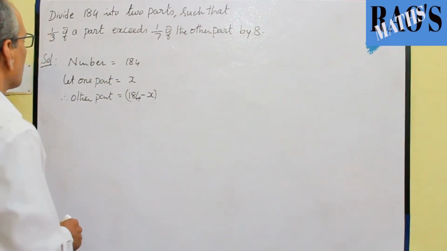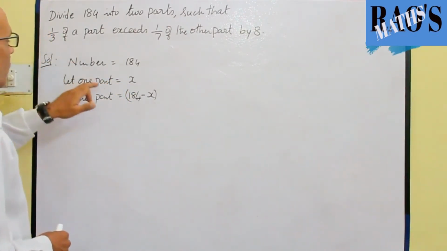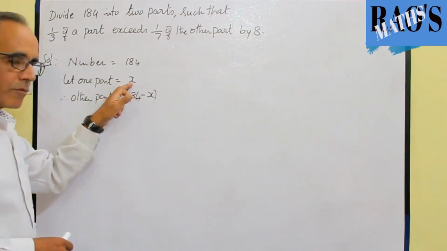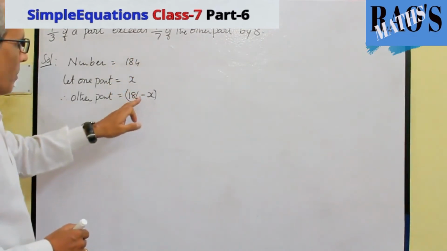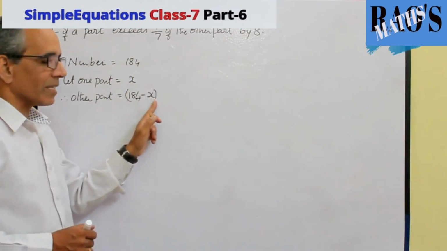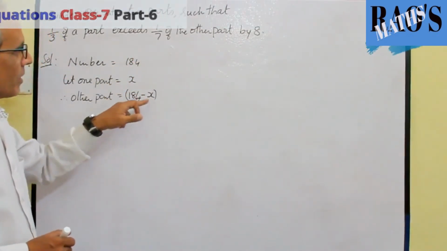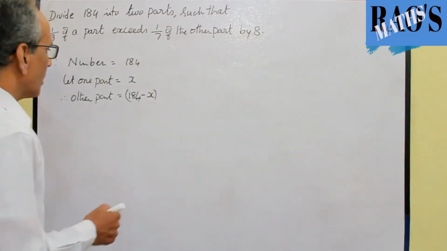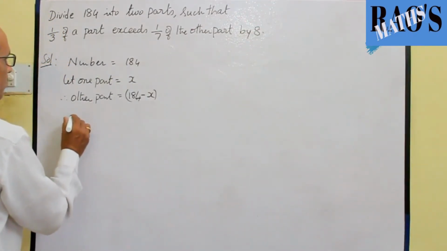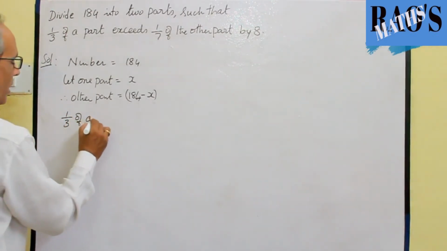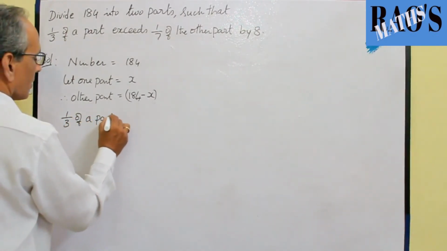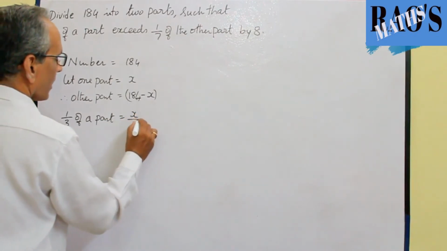Now by the question, one third of one part. What is one third of one part? x by 3. What is 1/7 of the other part? 184 minus x by 7. And their difference is equal to 8. Clear? Now let me write: one third of a part is equal to x by 3.